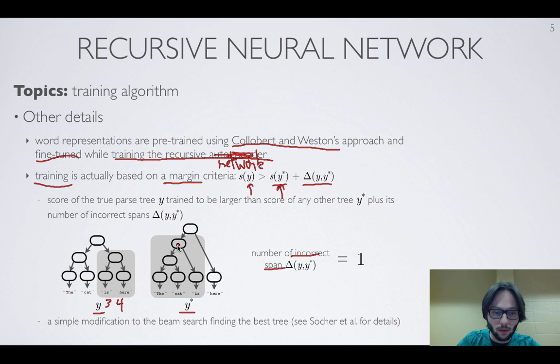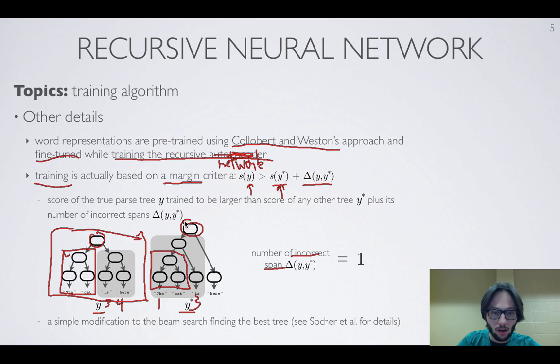There's instead a node that spans from 1 to 3, which is not present in the true parse tree. So we don't incur an error for merging this here, and that's because we also merged these two together, and also we don't incur an error at the global tree. So at this node here, because this is spanning all words, and similarly here at this level of the parse tree, we're also spanning all words.